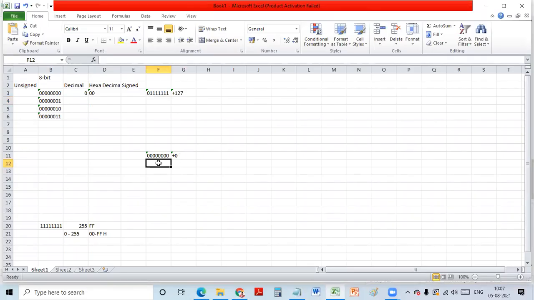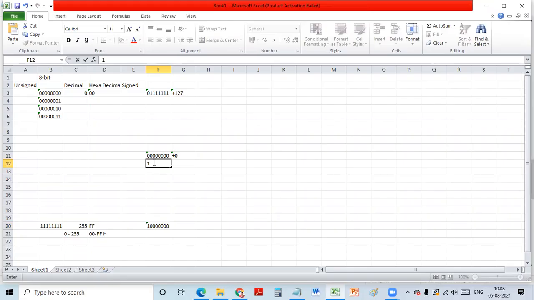In the case of negative, I'll be having a negative minimum with 1. So negative is 1, followed by seven zeros.